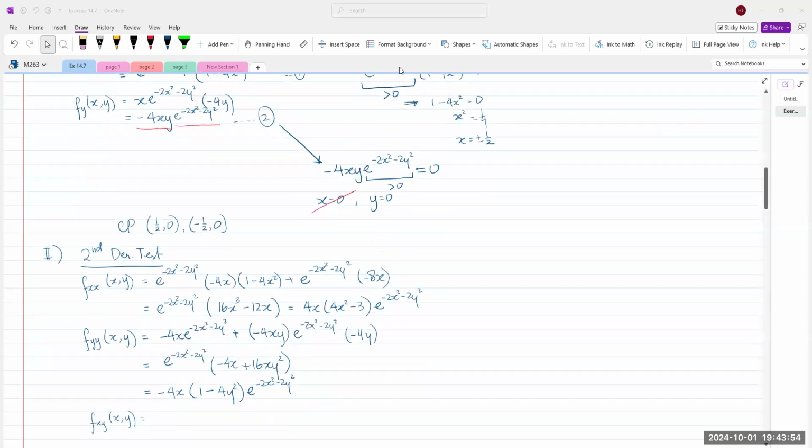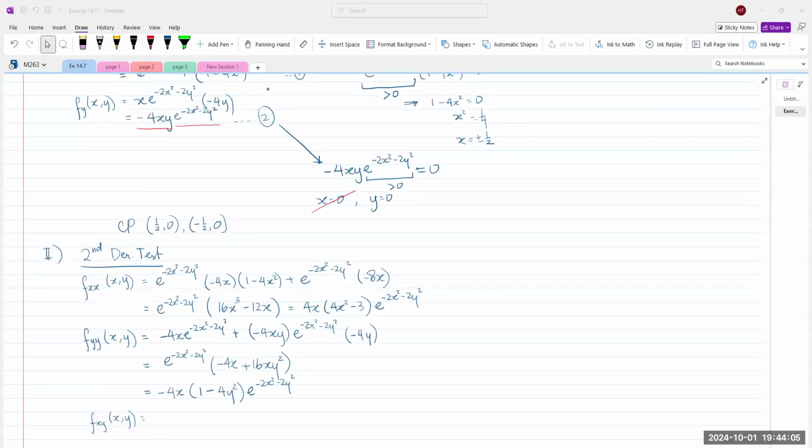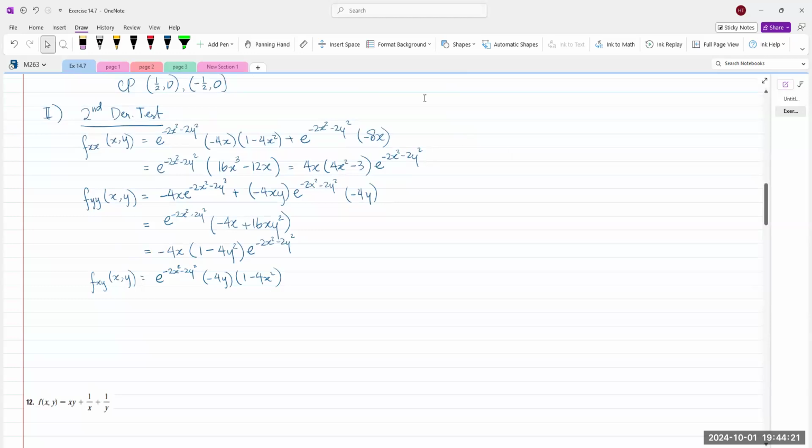That will be basically that thing multiplied by negative 4y: e to the negative 2x squared minus 2y squared times negative 4y times 1 minus 4x squared. Seems like all the x's have squares anyway, so I can take care of the Hessian for plus or minus 1/2, 0.